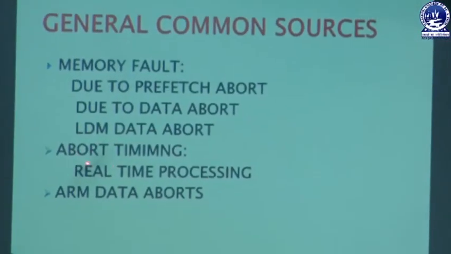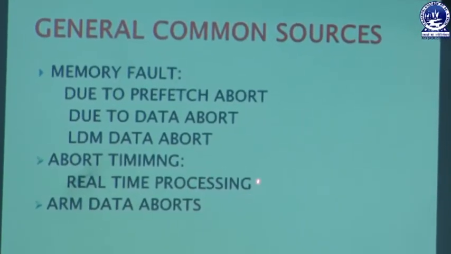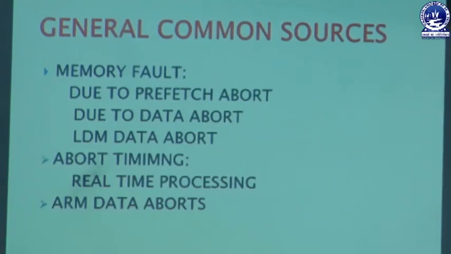Okay. So now we go to our next general common source, that's abort timing, and this abort timing concept arises due to real time processing. That means the earlier a processor gets an indication of a fault from the memory system, the better placed it is to preserve state. The later a processor receives the fault signals, the harder the memory system is to design.